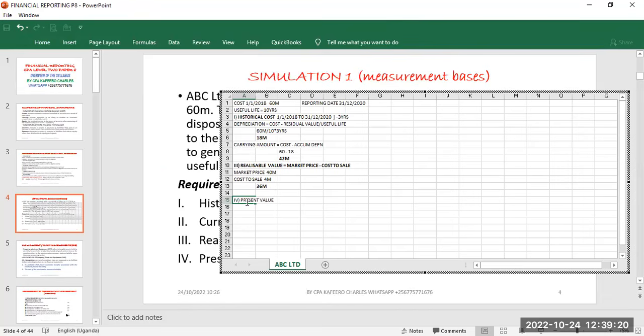And our present value, we said it equals the future value multiplied by the discounting factor.